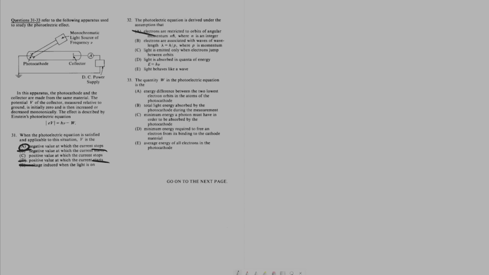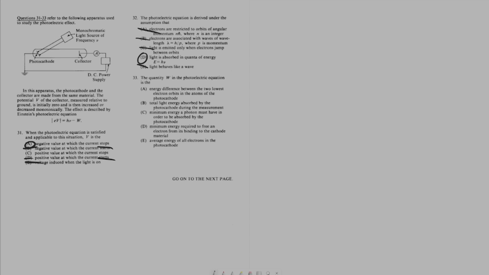The electron is associated with waves of wavelength, which really doesn't have an effect on it. Light is emitted only when electrons jump between orbits, which doesn't have anything to do with it, since it's about individual photons. So you have D, it is absorbed in quanta, which is basically what the photoelectric effect is based on.